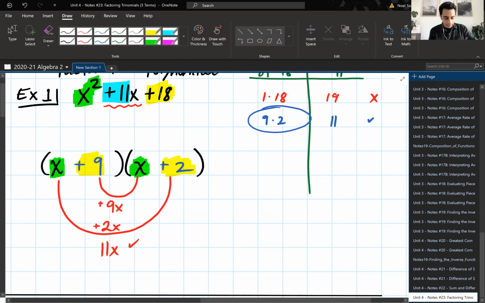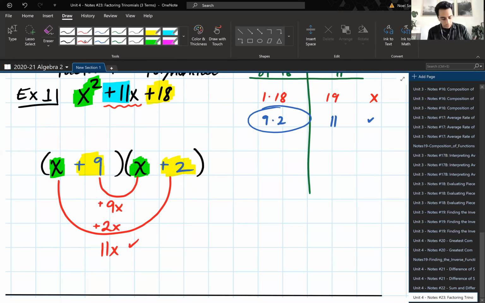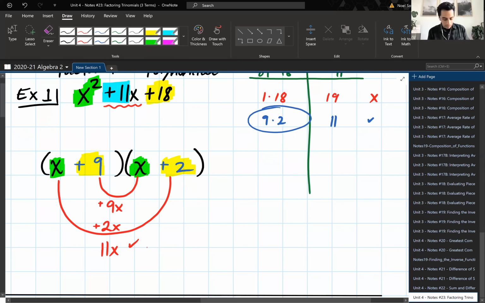Those multiply together. If I were to multiply them, I would get positive 18. So then what you're only looking for to verify is the middle term, 11x. Make sure that these numbers add up to be 11x. And in this case, they do. So when you do that, you can legitimately say these would be my two factors, x plus 9 and x plus 2.